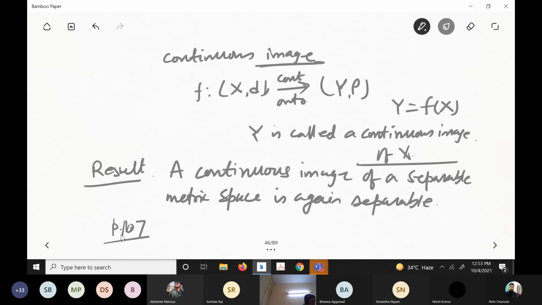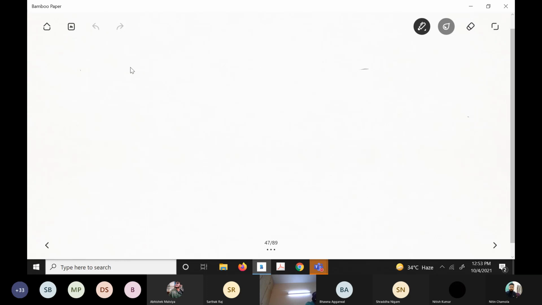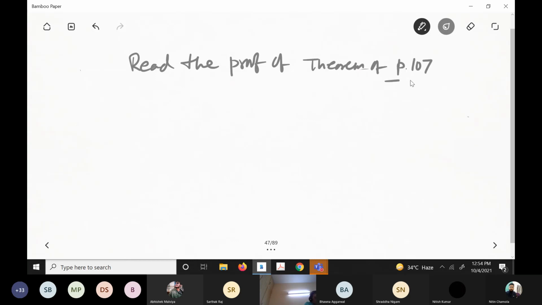I will discuss this later, but you can probably ask the TA why I am recommending that you read the proof of this theorem on page 107.